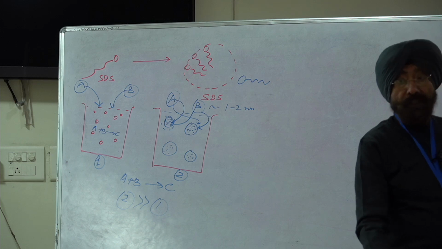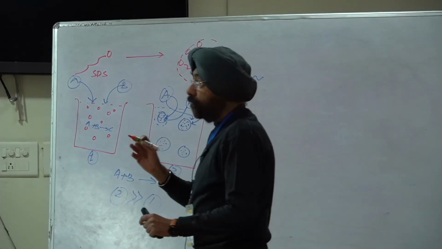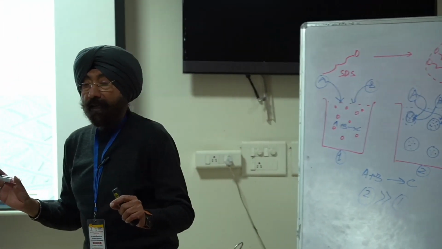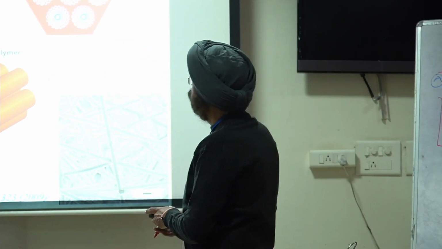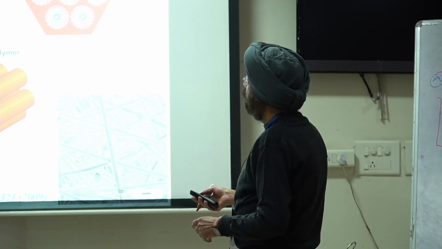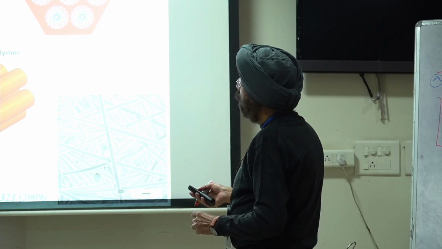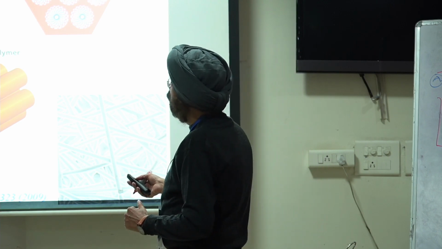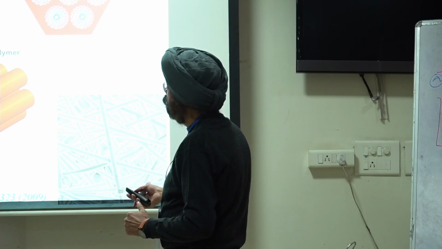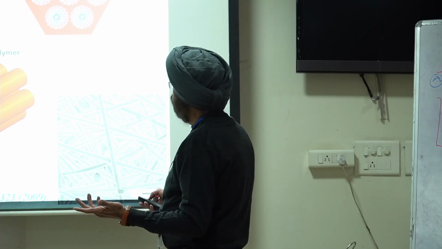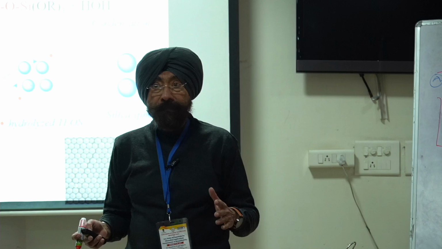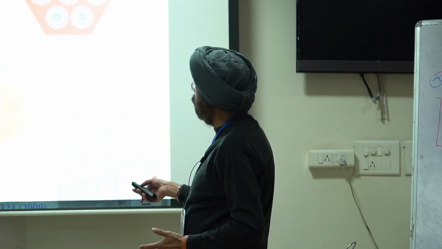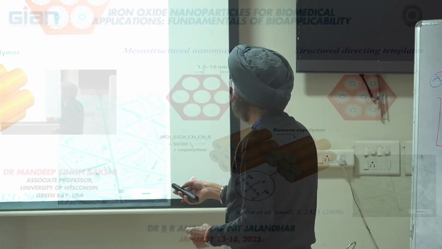Here we are using the micelles of conventional surfactants, SDS and CTAB, as the template to create the sheets of silicon oxide. You see the sheets of silicon oxide with the pore size 1.5 to 10 nanometer. So this is the pore size. How can we prepare this? The condensation reaction which you have seen over here, if you conduct it on a template, you can create such assemblies, right?